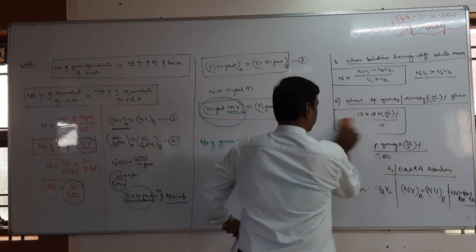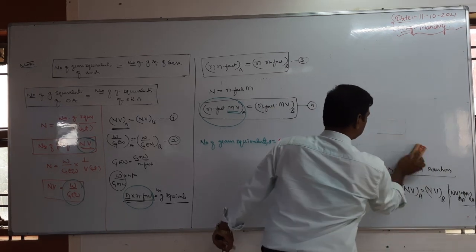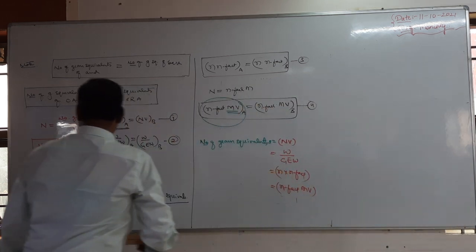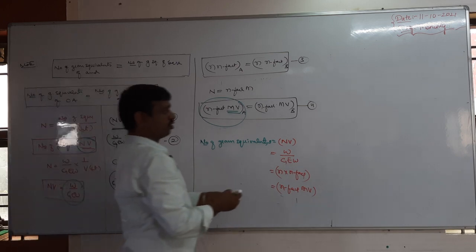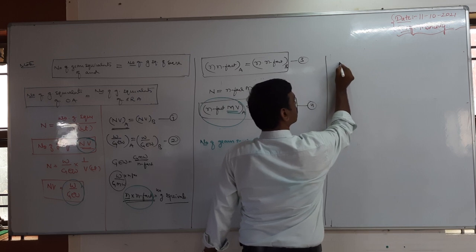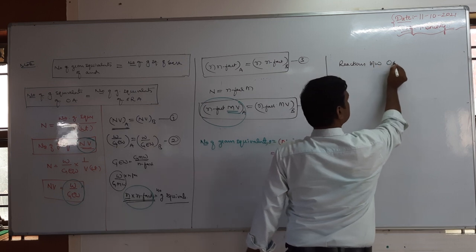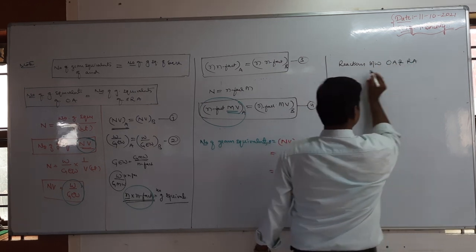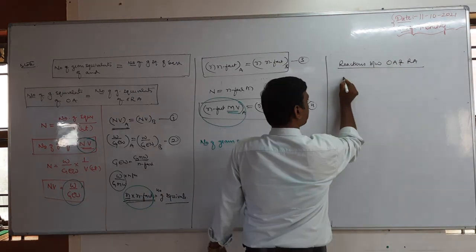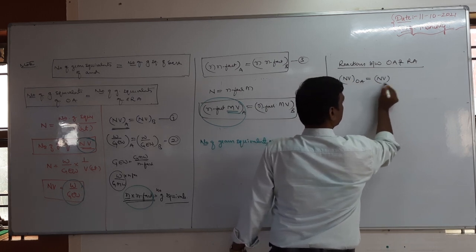For example, if a reaction is given between an oxidizing agent and a reducing agent, come on, write the formulas. First, N into V of oxidizing agent equals N into V of reducing agent.